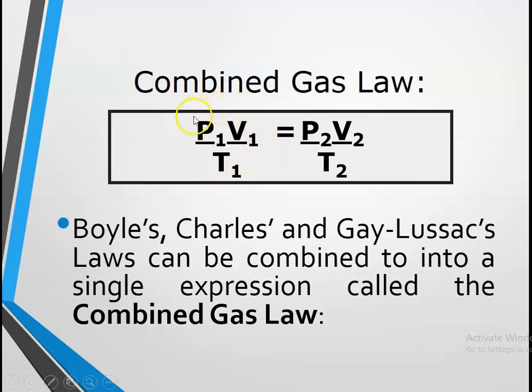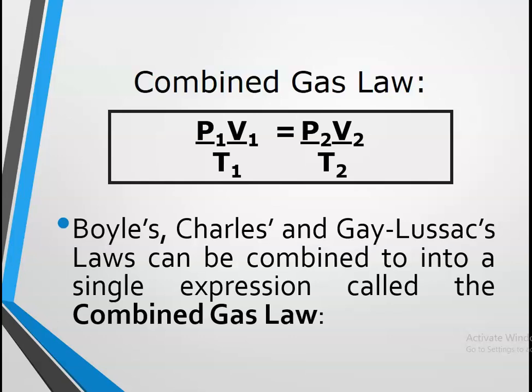So all of these are the initial conditions of a gas. And then we look at how these variables respond at different pressures, different volumes, and different temperatures. So this has all three of the simple gas laws combined into one expression.